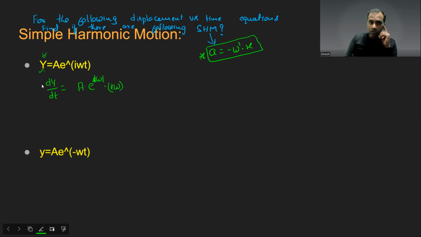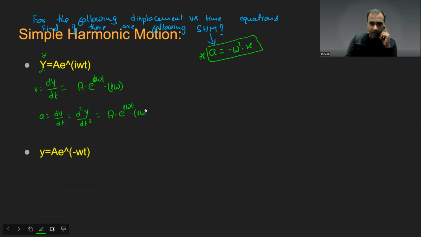Now we don't want velocity. This is velocity. We want acceleration. Acceleration is differentiation of velocity, or double differentiation of displacement, which is A into e power i omega t into i omega, which is already there. Because of again differentiation, another i omega will come.